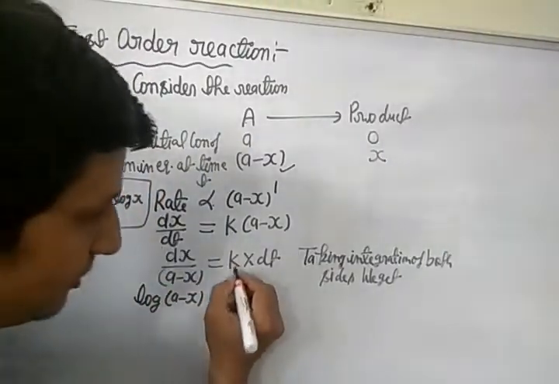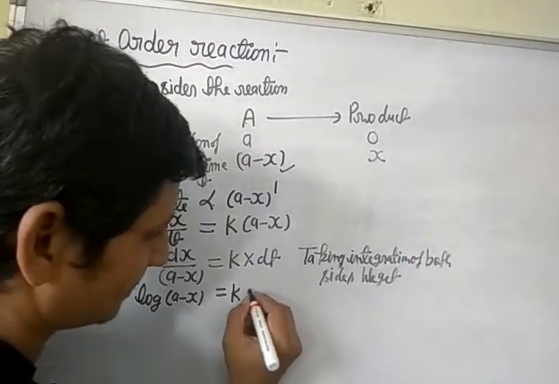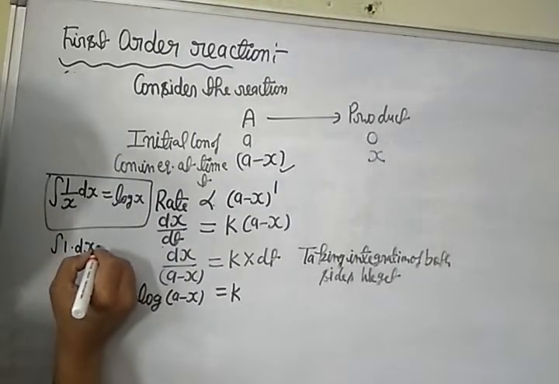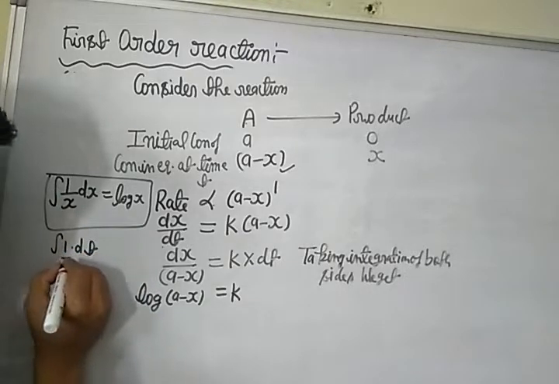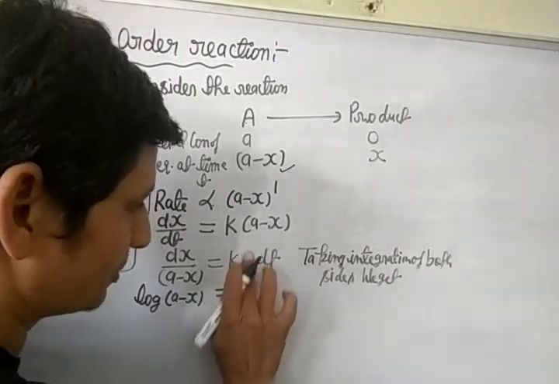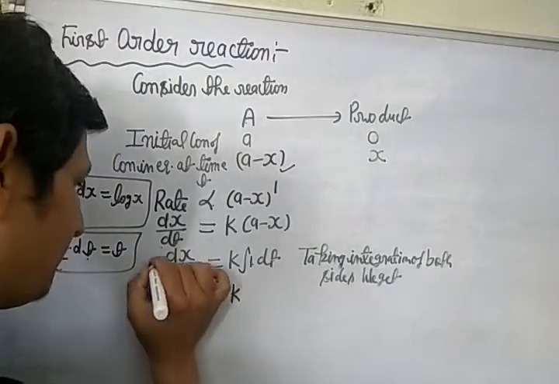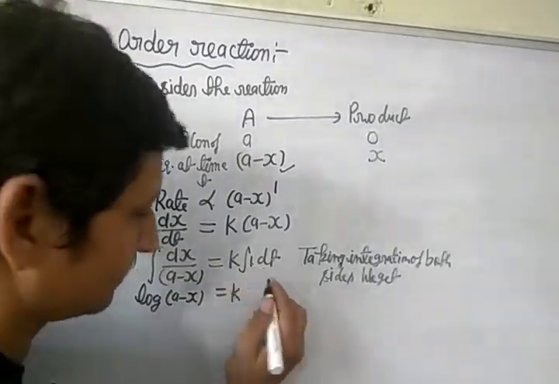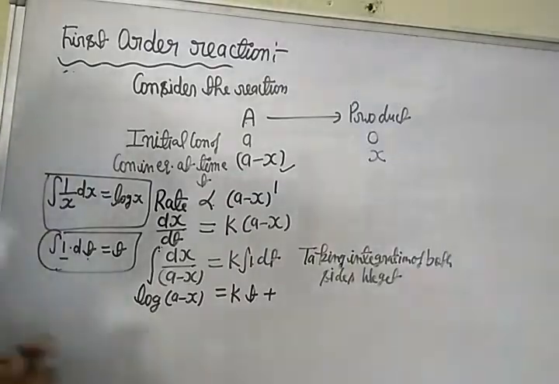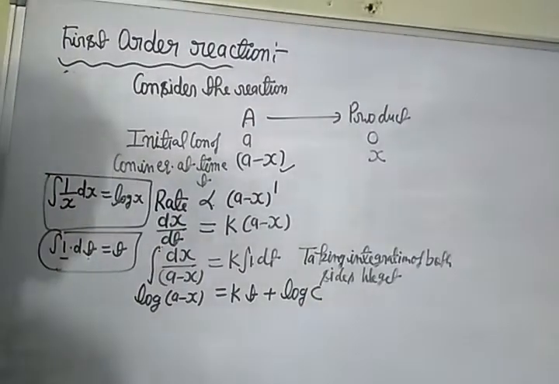After this, take constant k outside. Integration of 1 dt is t plus a constant term. Normally we take the constant as c, but in case of log we take log c. Okay students?